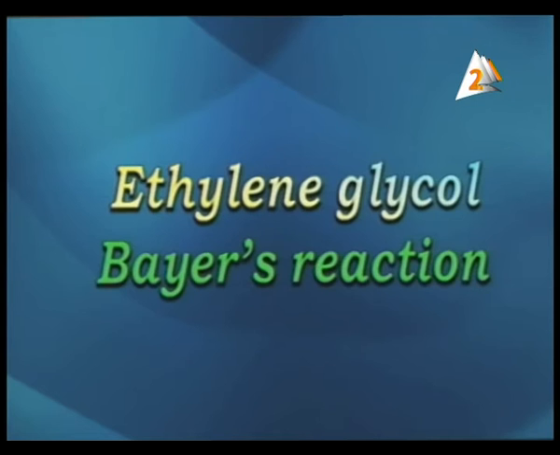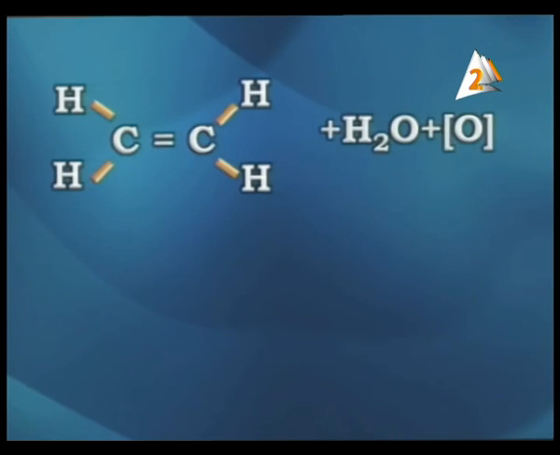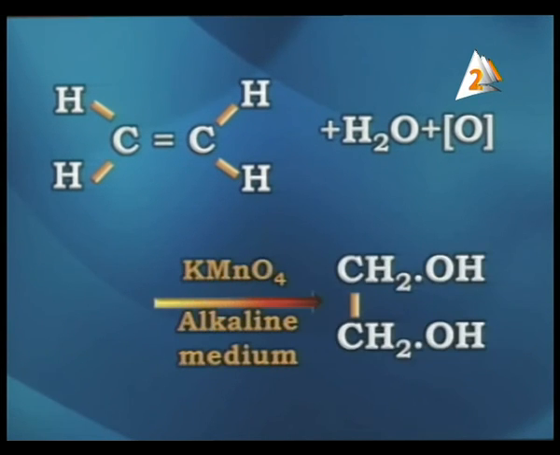Here it will be ethylene glycol and the name of the reaction will be Baeyer reaction. As the equation proceeds on the screen, ethylene CH2=CH2 plus H2O plus O in the presence of potassium permanganate in alkaline medium gives CH2OH CH2OH, which is ethylene glycol.